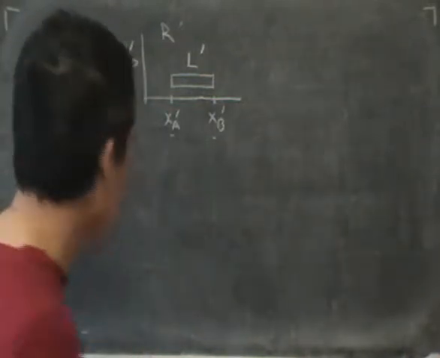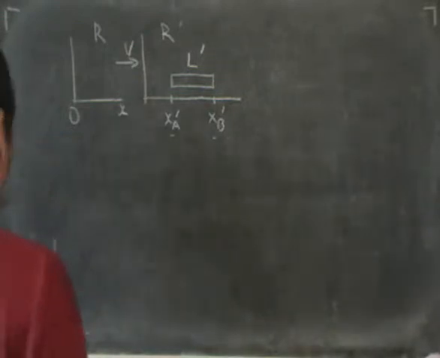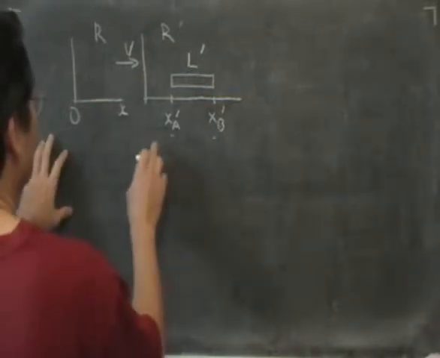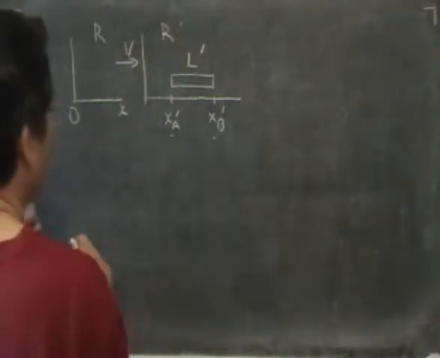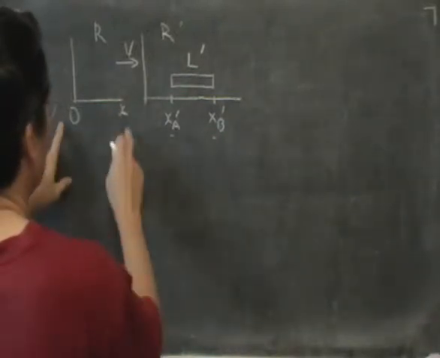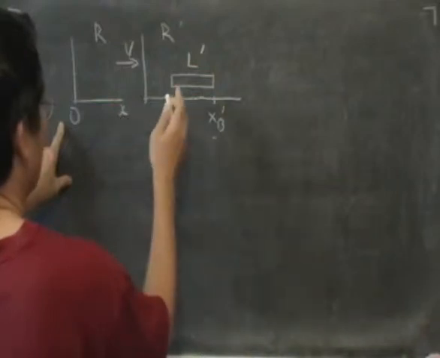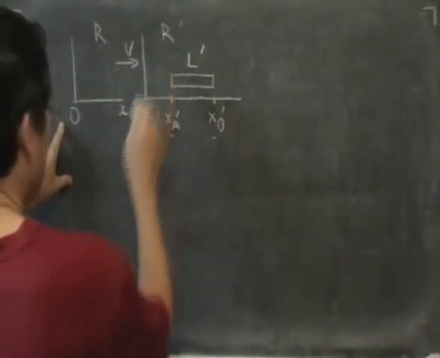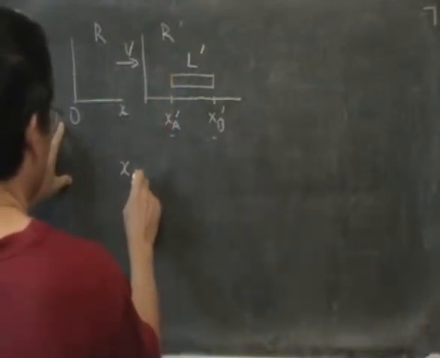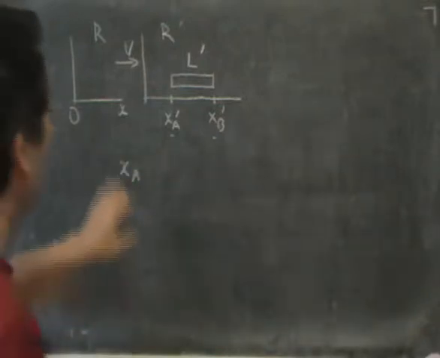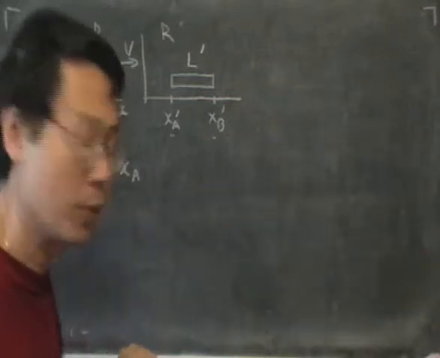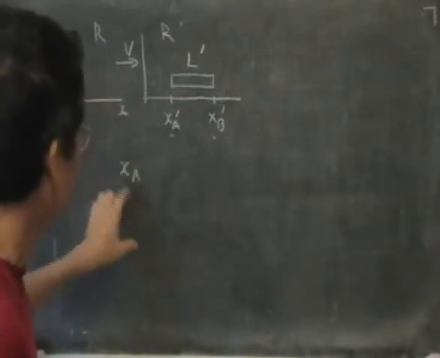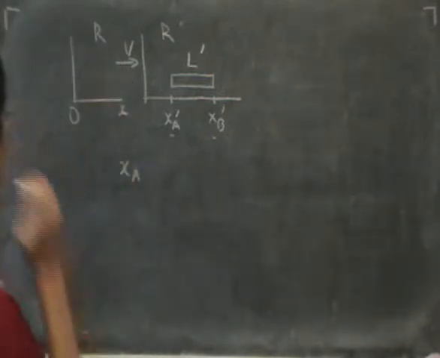That's just a Lorentz transformation, and it looks like this. Now this observer would think that this end of the ruler is at a certain xa without the prime. So he would measure this ruler as moving and changing with time. So we'll let that be xa.